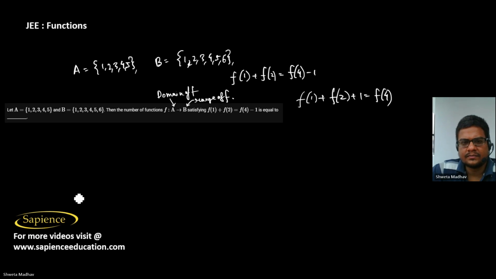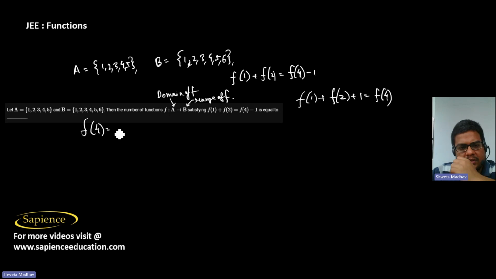Now that means f of 4 can be maximum 6, and minimum it can be 3. Since why? Since f of 1, its minimum value can be 1.